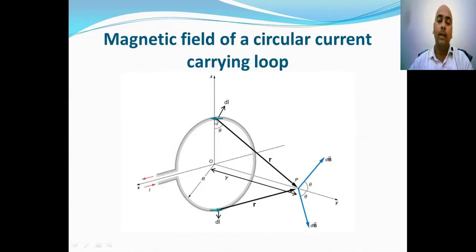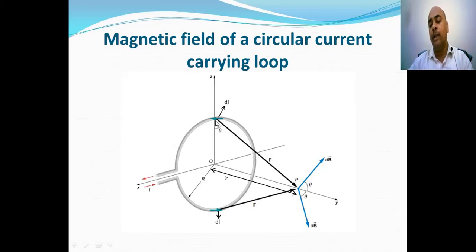Now let us suppose the radial vector r makes an angle θ with the radius of the coil. Theta here is the angle between the radius of the coil, which is capital R, and the radial vector small r.